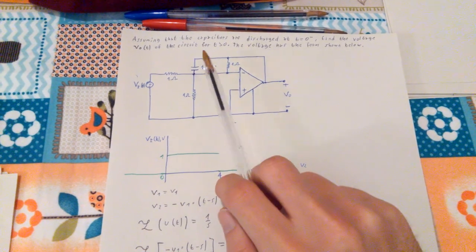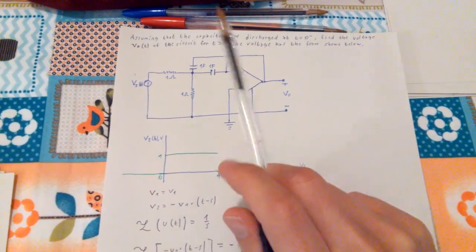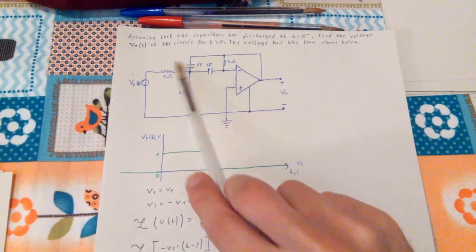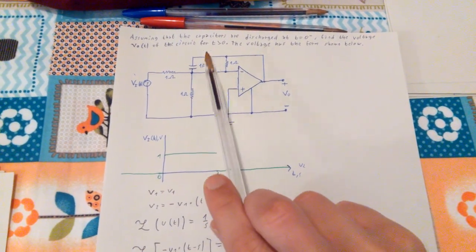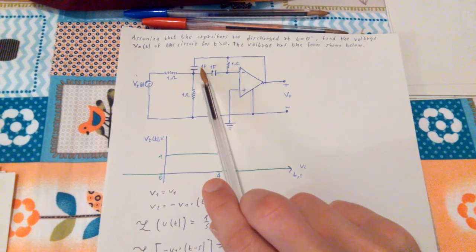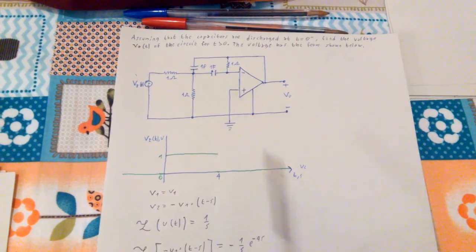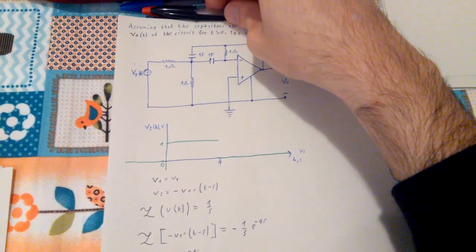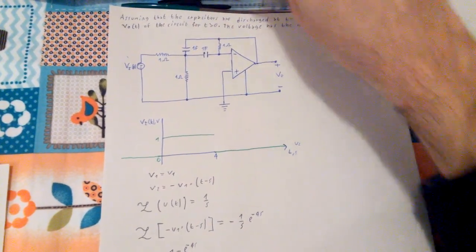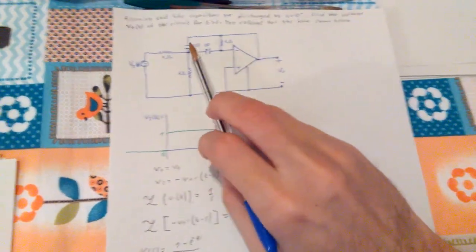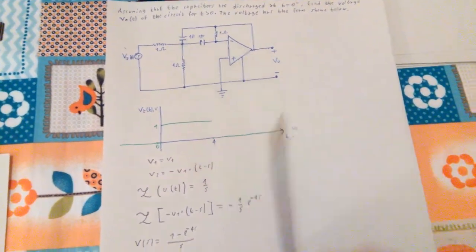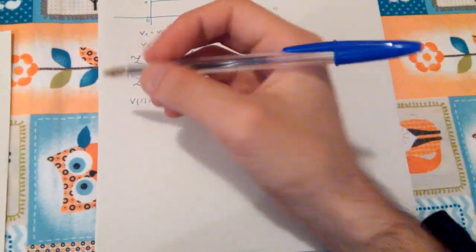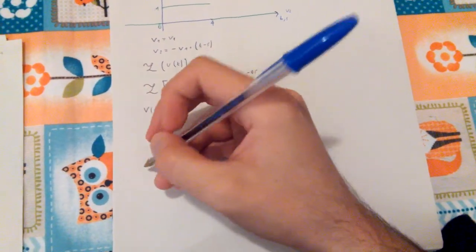So what are those two? Well, this one is 1 farad, this one is 1 farad, so those are going to be two impedances of 1 over s and 1 over s. So let's draw the new circuit with those two swapped, drawn as boxes, as I said.